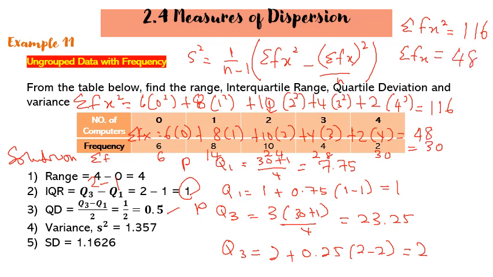And then substitute into the formula of variance. So 1 over n minus 1, n is 30, so 30 minus 1, times summation fx squared 116, minus 48 squared over n, which is 30.